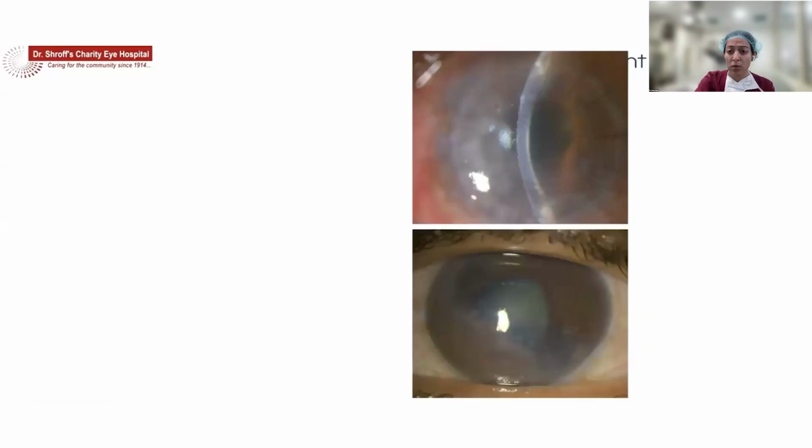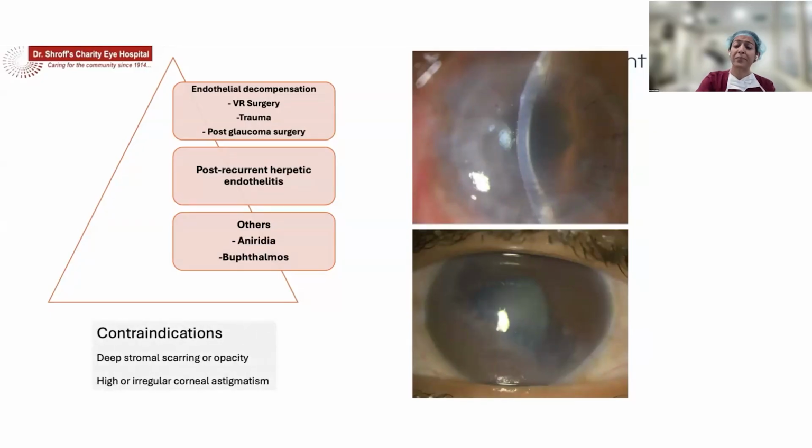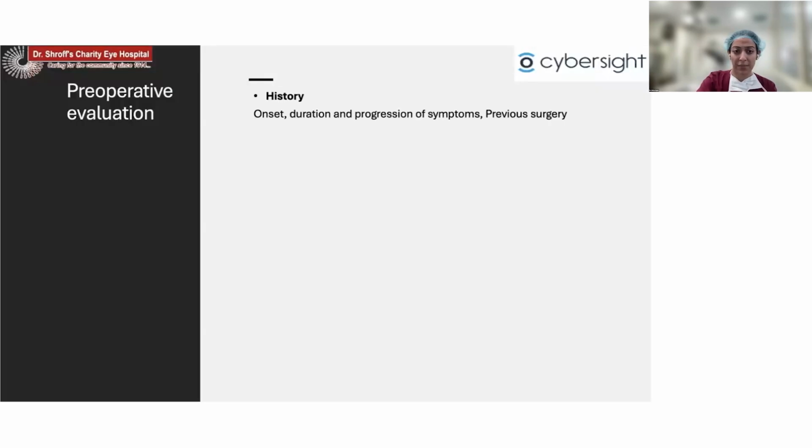Failed graft and ICE syndrome are also important indications. Other indications include endothelial decompensation secondary to VR surgery, trauma, post-glaucoma surgery, and post-recurrent herpetic endothelitis. The contraindications to doing a DSAEK include deep stromal scarring or opacity and high or irregular corneal astigmatism.